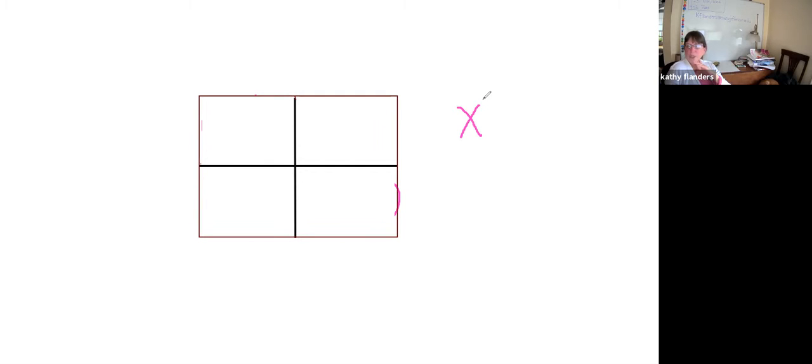So the first thing I want to do is show my normal alleles, X and Y. Hemophilia is X-linked, so I want to make sure that I put it on my X chromosome. So this is my abnormal allele.